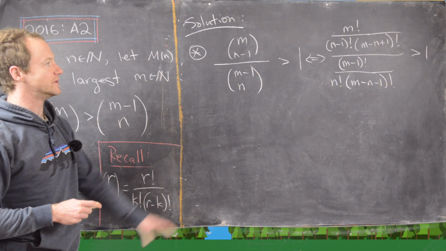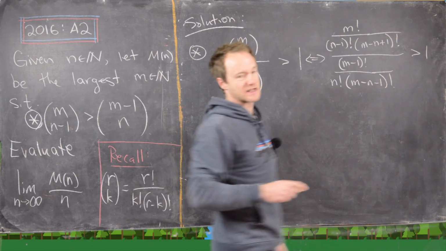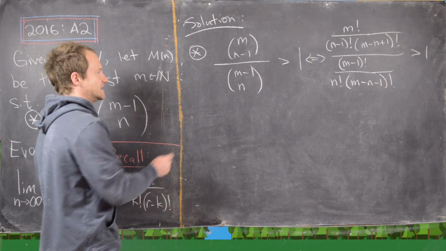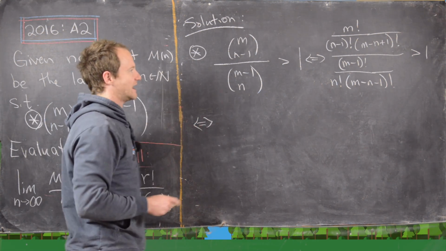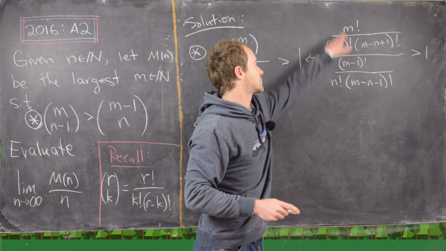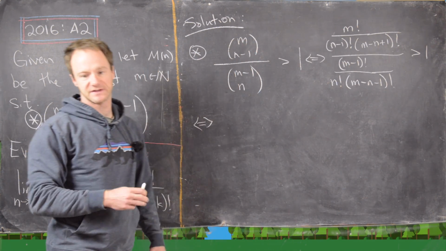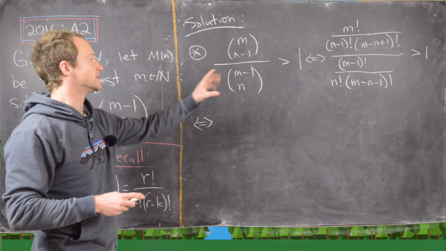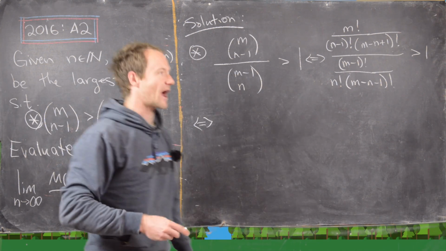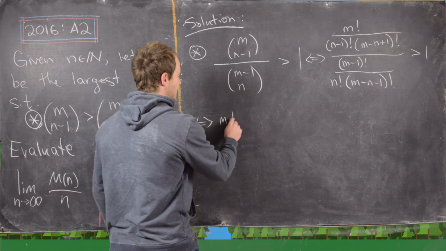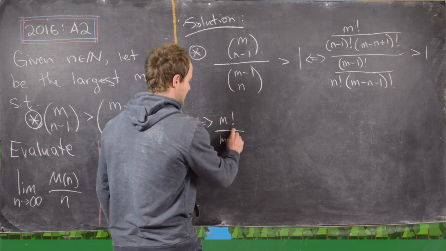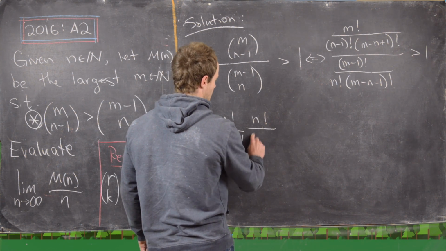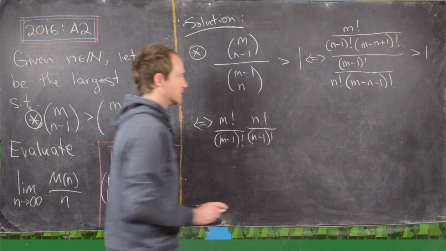Now what I want to do is take this big complex fraction and write it with like numerators and like denominators. I want to think of m factorial and m minus 1 factorial as like terms because I can do some simplification with those. So I can rewrite it as m factorial over m minus 1 factorial times n factorial over n minus 1 factorial.